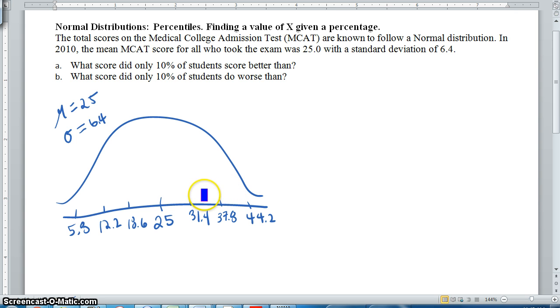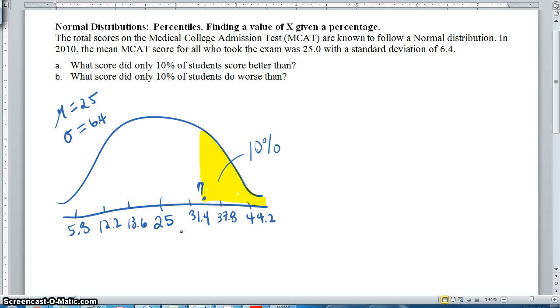So we're somewhere in between the 31.4 and 37.8. This is just an eyeball, and this is then the 10%. Top 10%. So only 10% of students scored better than some mystery score right here. This is what we need to find.